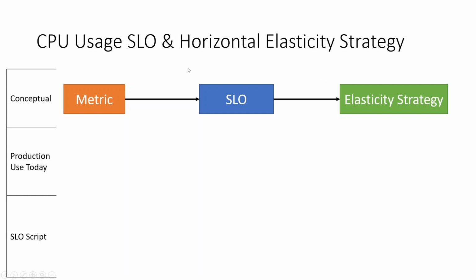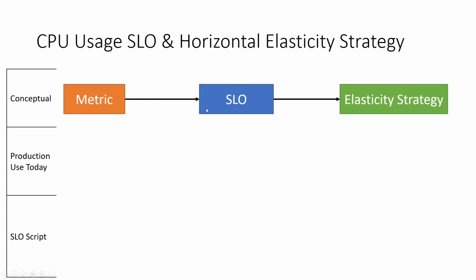So on the conceptual level, we always start out with one or more metrics which we can measure on the running system. So the CPU usage, or the memory usage, or the average response time of an API, and so on and so forth. You can of course also aggregate these metrics into more complex metrics.